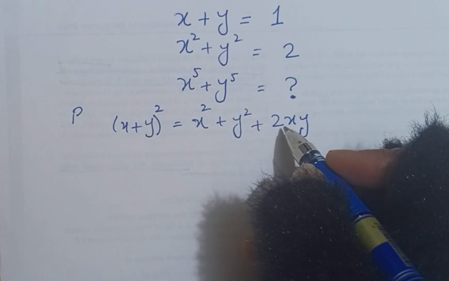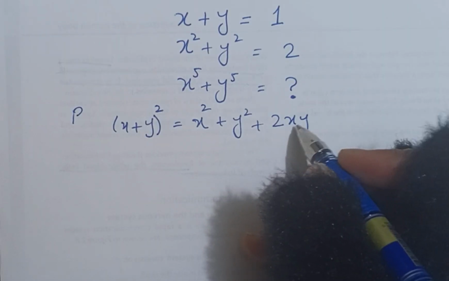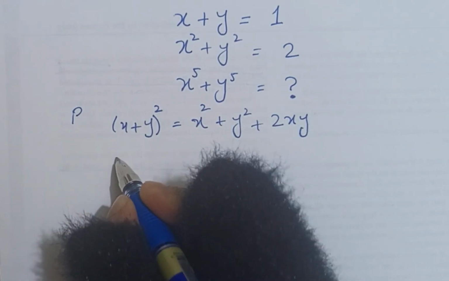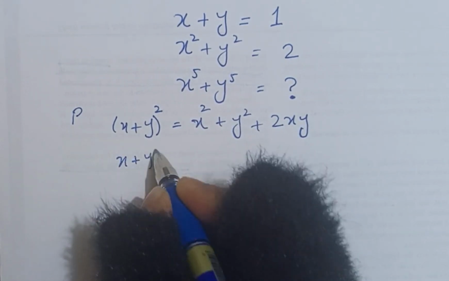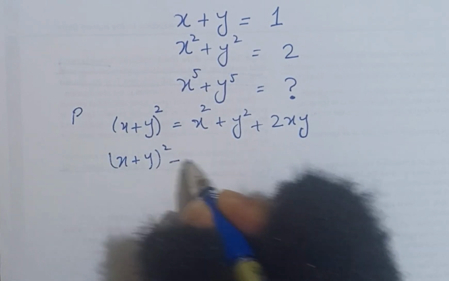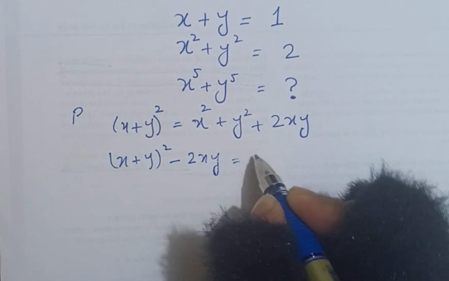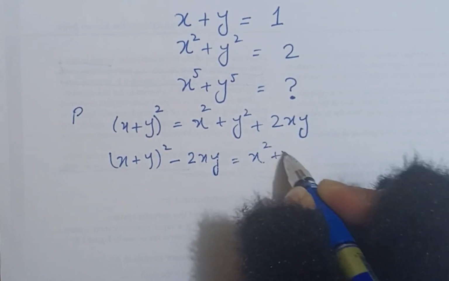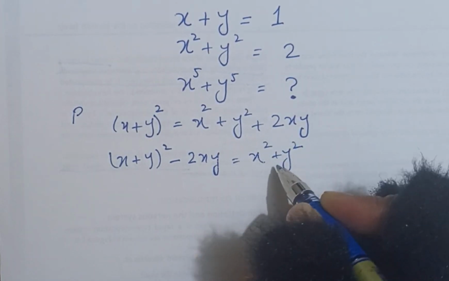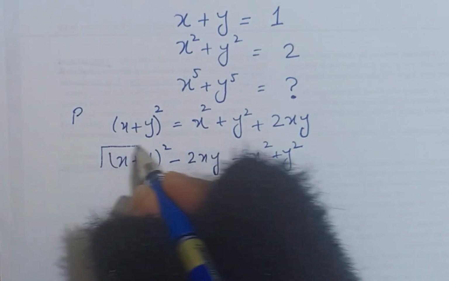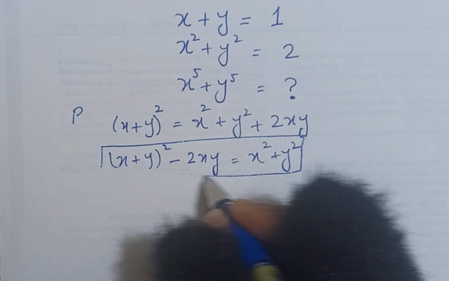If we subtract 2 times the product of x y on both sides of this equation, then we get (x plus y) whole raised to the power 2 minus 2 times the product of x y is equal to x square plus y square. This identity we use in our question, so we highlight this.